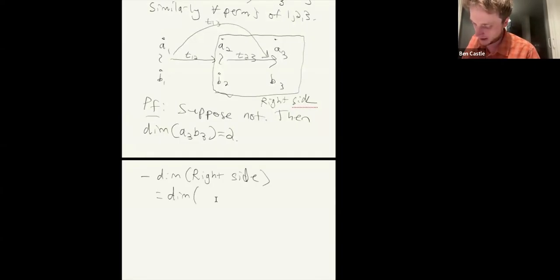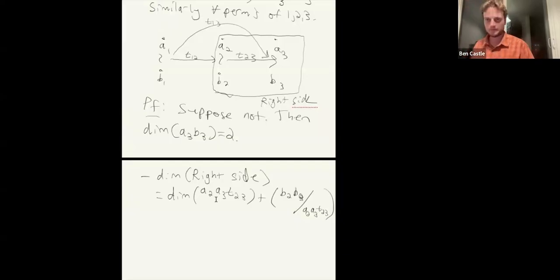So it's the dimension of A2, A3, T23, plus the dimension of the other stuff over that. And we don't have to repeat the T23, so we can just add B2, B3 over that.